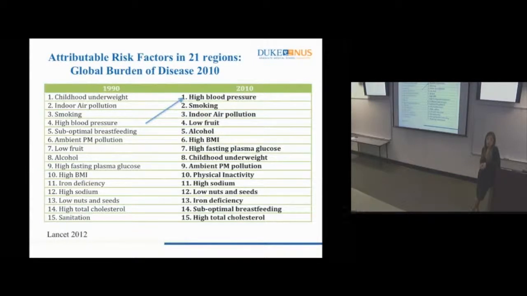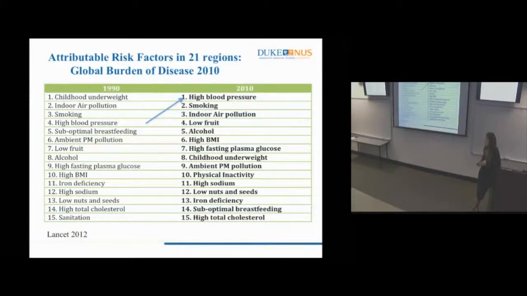This is true all over the world, not just for high-income countries, but also for middle-income countries, and for many low-income countries as well, except for perhaps sub-Saharan Africa. Even in sub-Saharan Africa it is going up. It will be somewhere where it was in 1990, the 4th leading cause of death.